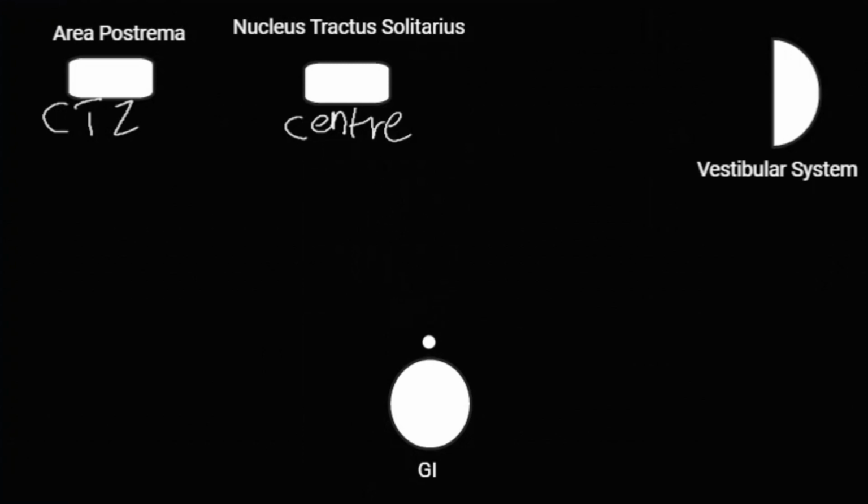And it's kind of true. GI is one of the major places where you can have vomiting. So I'm going to just make a line right here connecting GI with the nucleus tractus solitarius. The important thing here is to understand which cranial nerve is going to be involved here. This is going to be the cranial nerve 10. The vagus nerve. Okay, this is very high yield.